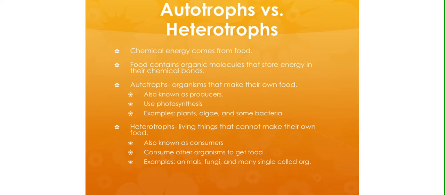We have spent a whole bunch of time talking about food and the organic molecules that make up food. Remember, we talked about carbs, proteins, fats and oils, all of these essential organic molecules that are super important when it comes to our food, when it comes to breaking it down for energy. We are obtaining energy from this food. All of this energy has these types of chemical bonds that we break down and then take in.